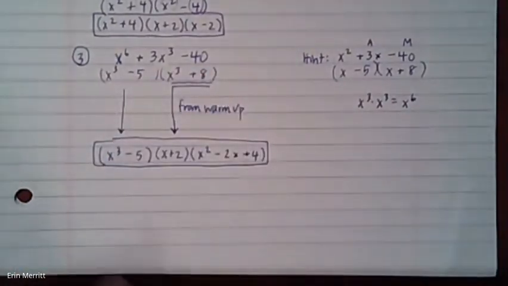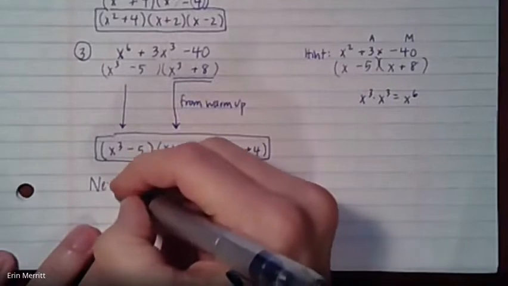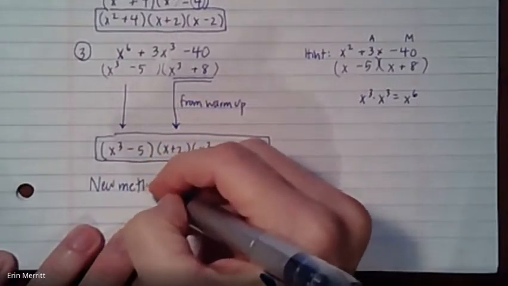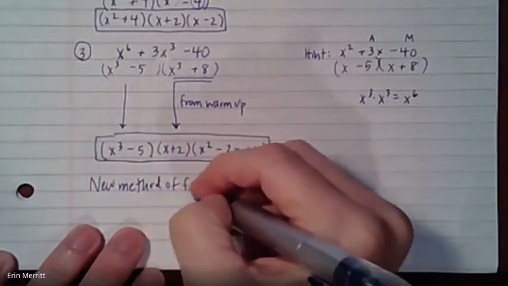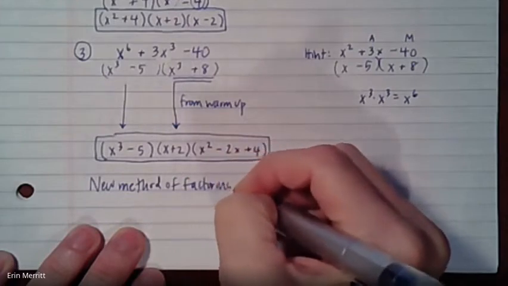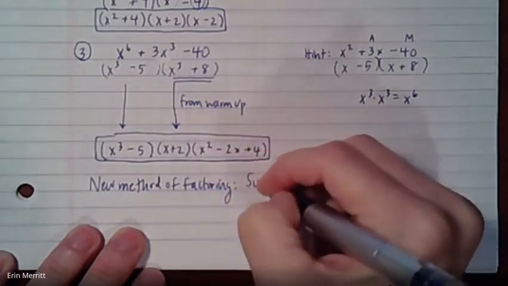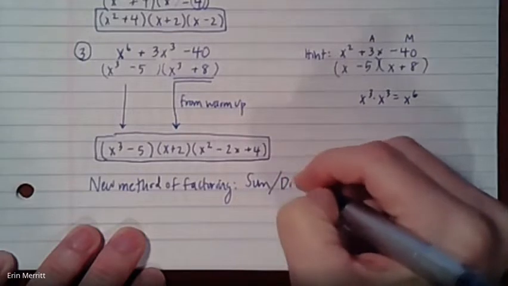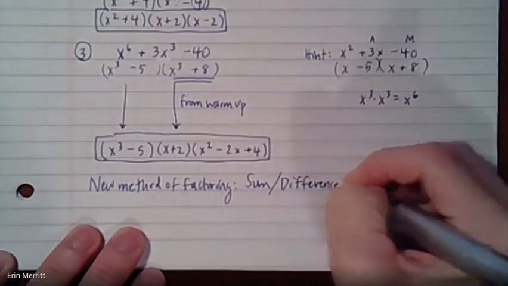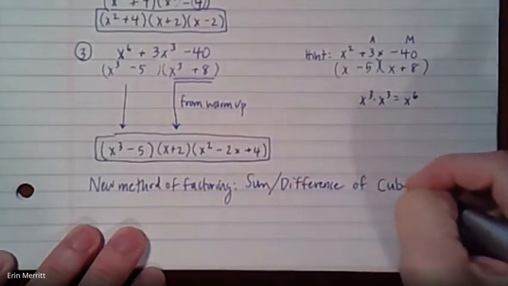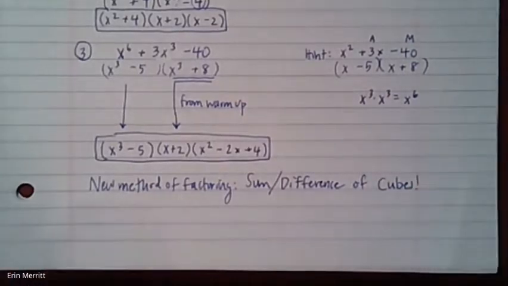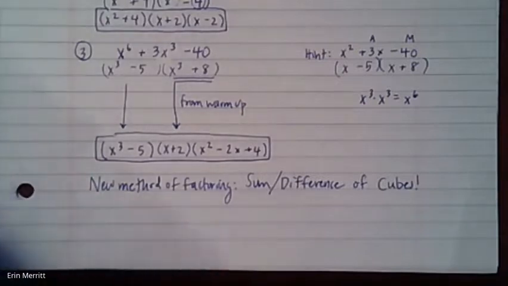But that's going to introduce us to our new method of factoring, which is sum and difference of cubes. And I write it as sum slash difference just because there's the sum of cubes, and then there's the difference of cubes. So there's actually two different methods, but they're super, super similar.